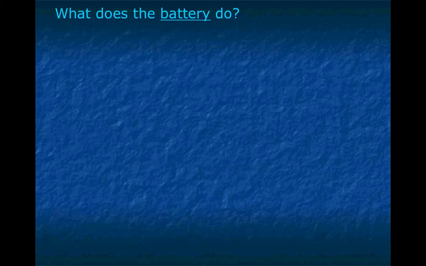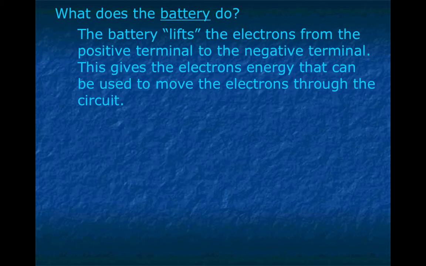So let's talk about what the battery does. Okay, the battery essentially lifts electrons from the positive terminal to the negative terminal. Right? So remember, electrons are negative and they don't want to be close to something else that's negative. So they don't want to go to the negative side of the battery. So the battery lifts them, right, pushes them towards the negative side.